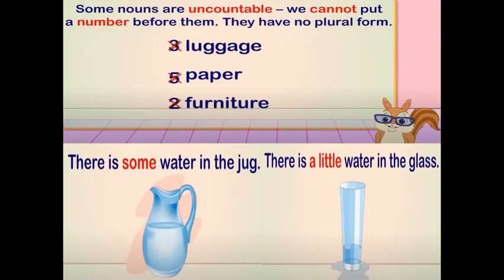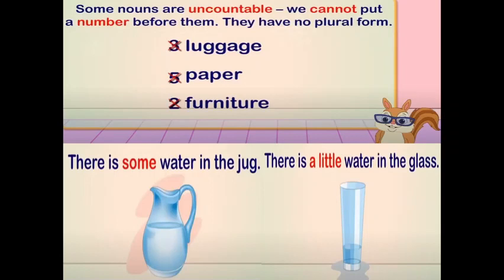So when the noun cannot be said in number, that is called an uncountable noun. So at this particular time we use words like some, little to tell the quantity of that particular noun. So these are called uncountable nouns.